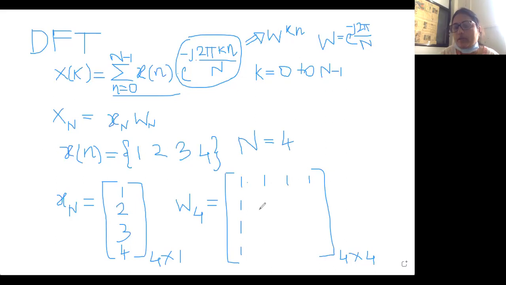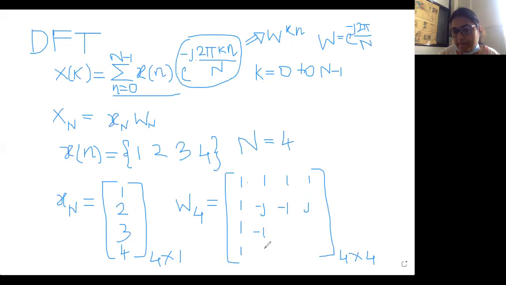Now what is the value of this element? We have calculated: minus j. What is the value here? Minus 1. Then what is the value present over here? j. Here it is minus 1, and here it is j.